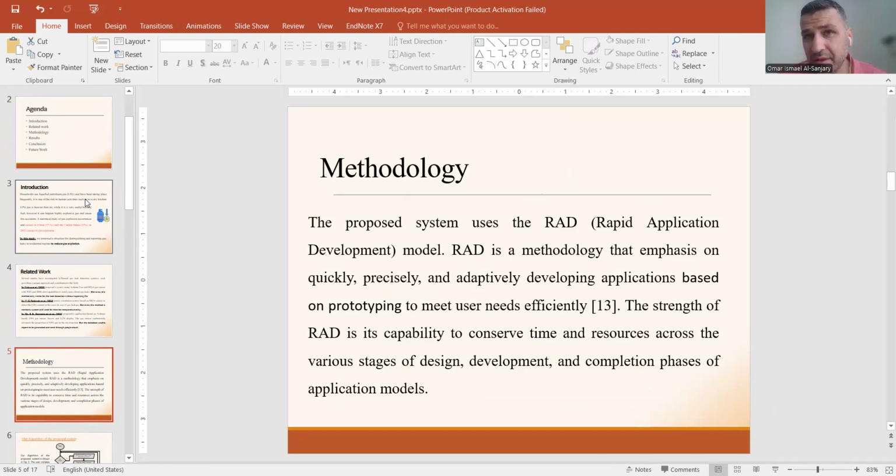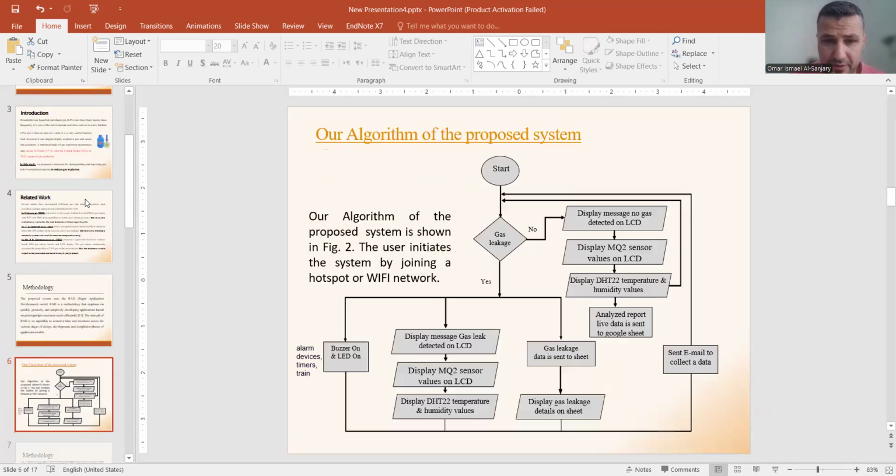We implemented a lot of kinds of methods, but RAD is suitable for our study because it is efficient and conserves time and resources across the various stages of design. So this is what we use for our methodology.